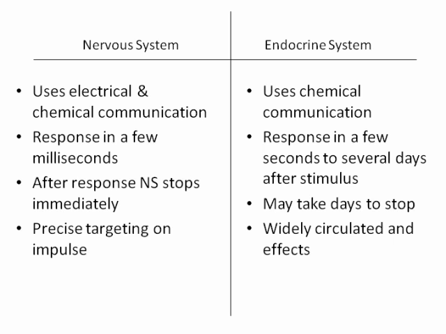Within a nervous system, you can get a response within a few milliseconds, so that if your hand is on a hot stove, you can move it pretty much instantaneously, whereas the endocrine system, it's going to take a couple seconds or longer for that stimulus to kick in.